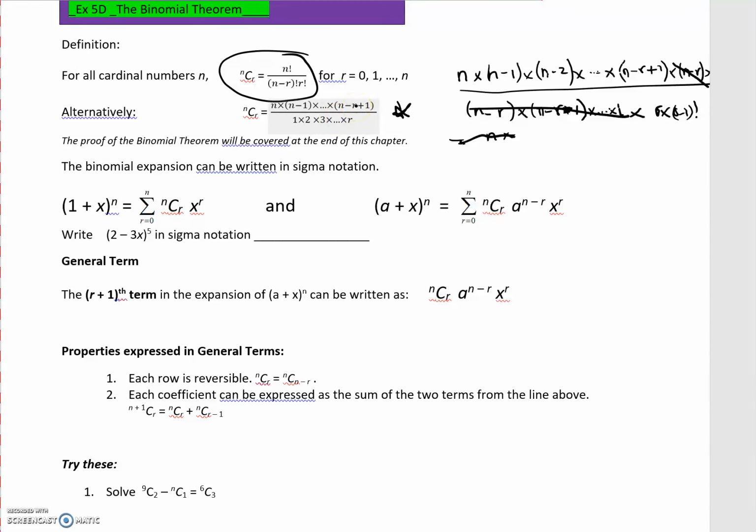We've seen before that we can write a binomial expansion in sigma notation in terms of the coefficient times x to the r. Now that's a very simple situation, because you'll note that in your binomial, one of your components is 1, and the coefficient of the x is a 1.